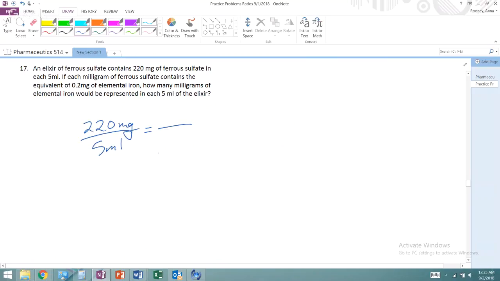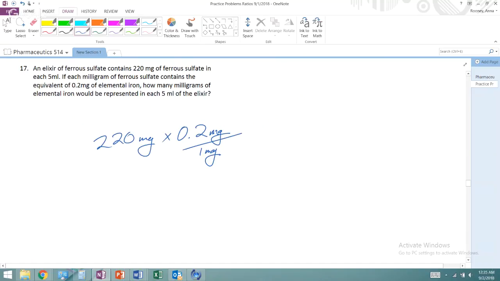okay. So I'm setting this up wrong. I just set it up thinking I knew what I was doing. Nope, we're not going that way. We're going a different way. So for 220 milligrams, and then multiply it by 0.2, because that's milligrams of elemental iron per 1 milligram of ferrous sulfate.